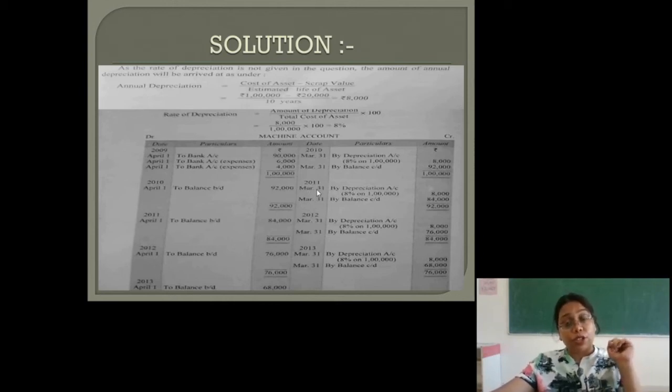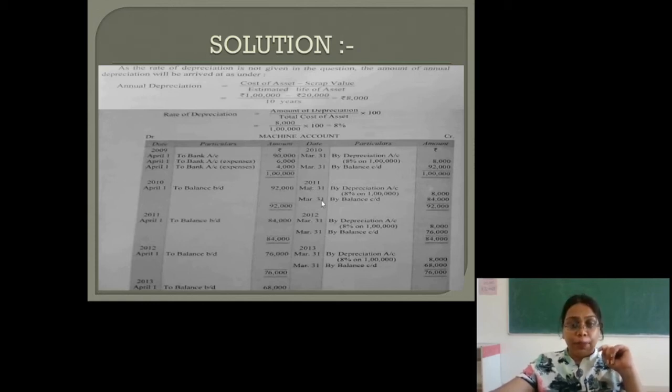The brought down value will be on April 1st 2010. Now we will charge the depreciation after 1 year or 12 months, that is 2011 March 31st, by depreciation 8,000. The remaining amount will be 92,000 minus 8,000, that is 84,000. So this will be balance carried down on March 31st 2011.